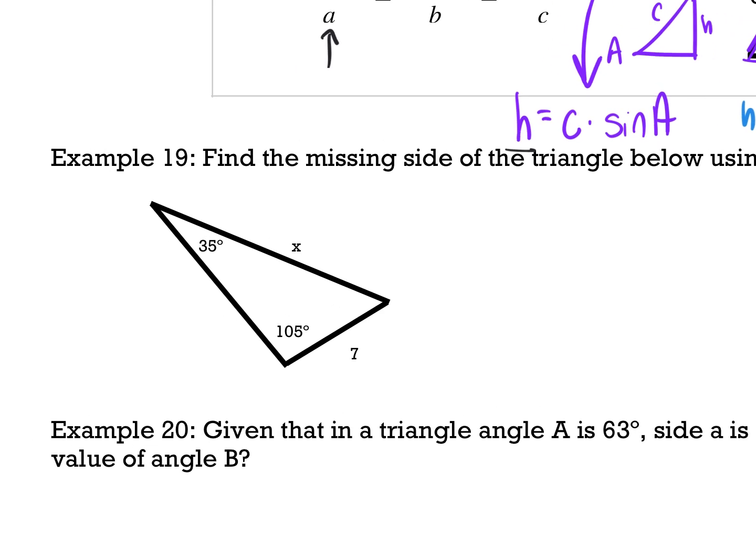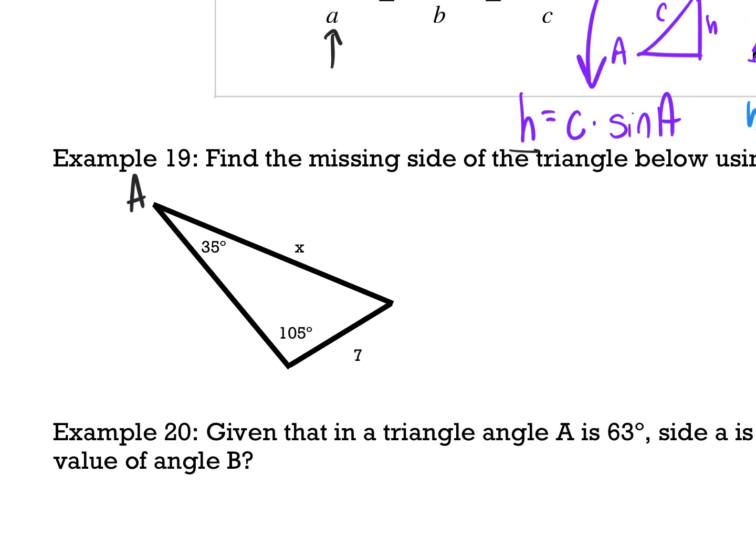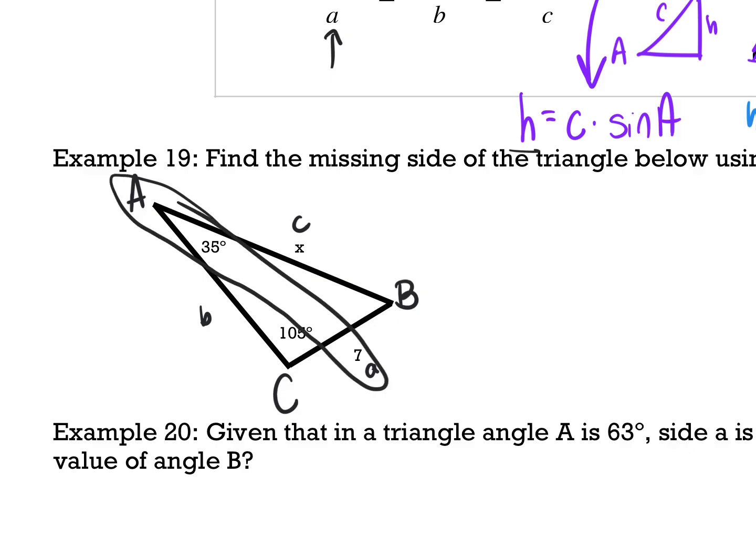So let's look at an example here. Let's say I call this angle A, angle B, angle C, and the sides across are little a, little b, little c. Since I have capital angle A and side a, I can go sine of 35 over 7 has to be in proportion to any other set of opposite sides and angles.